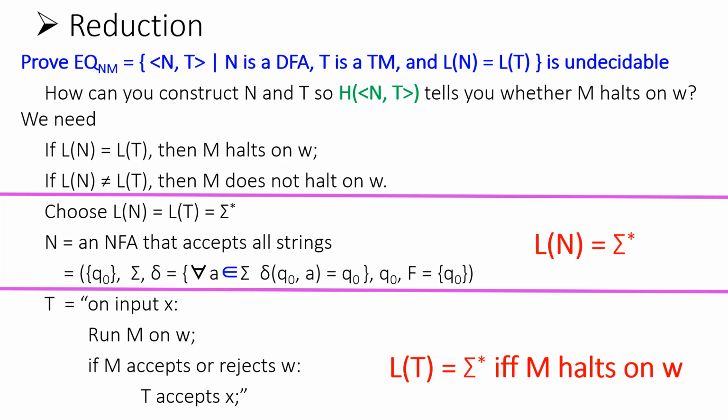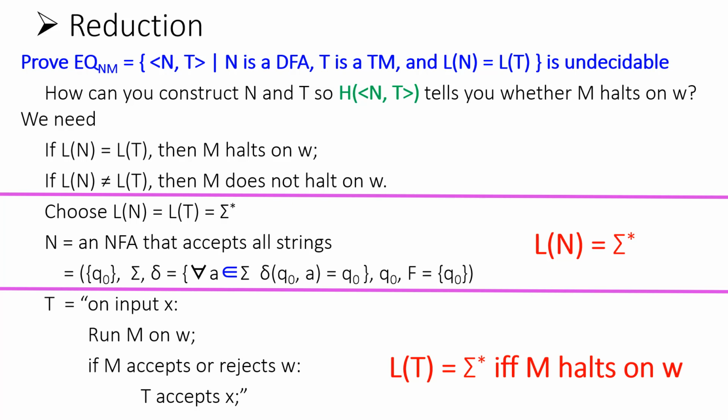Constructing T, however, needs some tricks. We want Lt to be sigma star if and only if M halts on W. With this restriction, we can make use of HALT_TM later on. So we define T as: on its input string X, T does not care what its own input is.